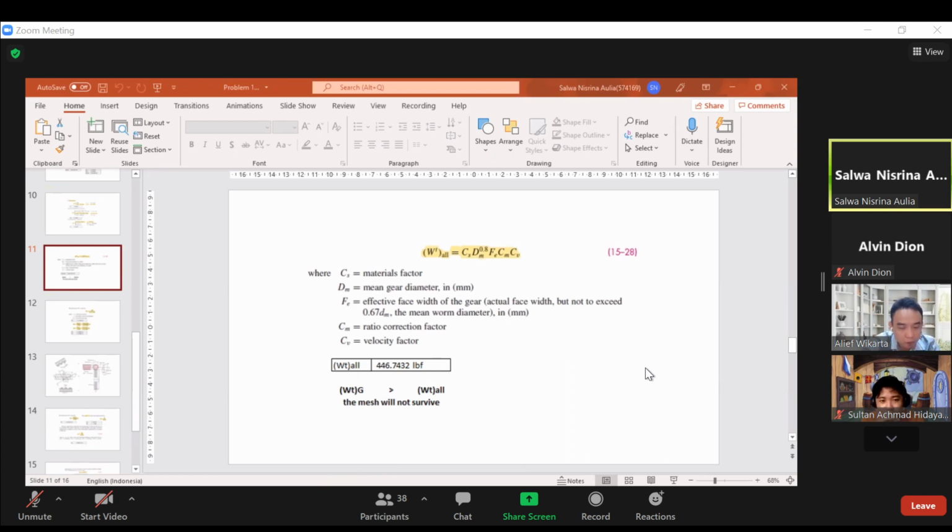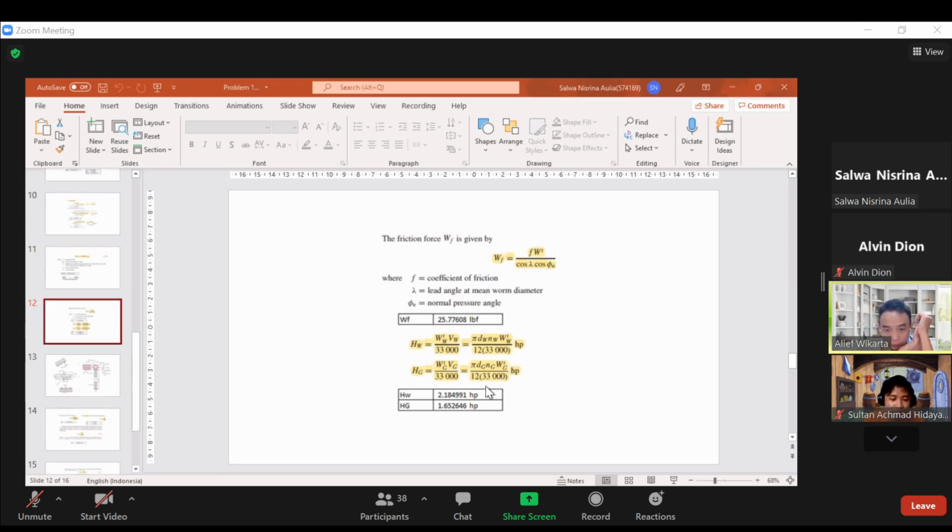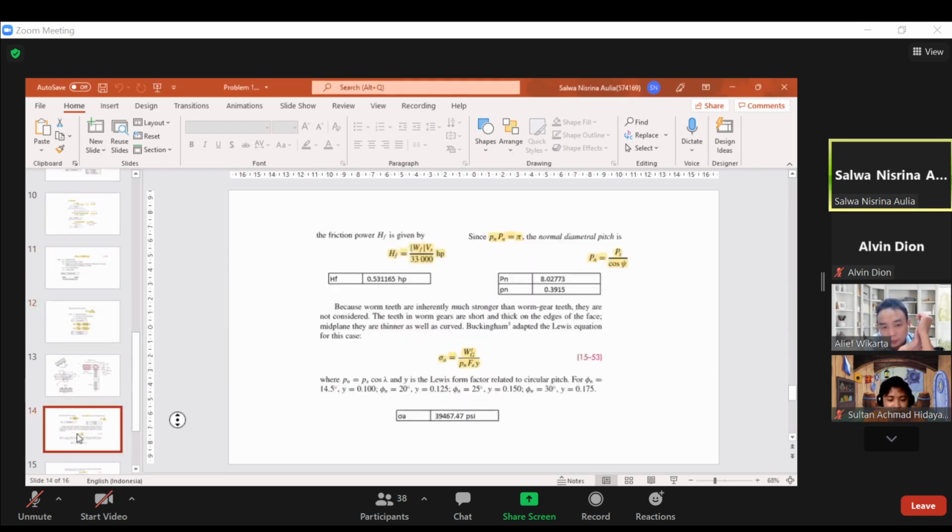So I still calculate them, but I am still confused about this. What is this? This is the horsepower, the rate, yes, power. But the horsepower is still needed from this to get.